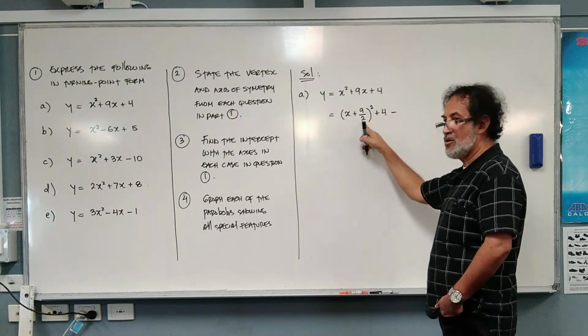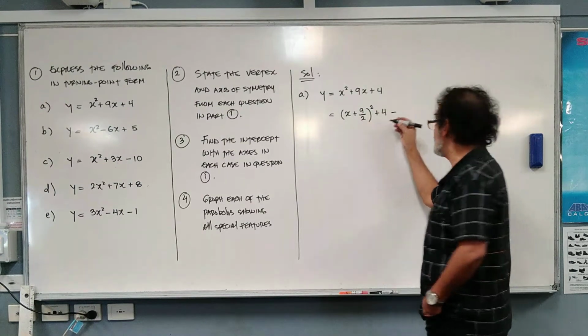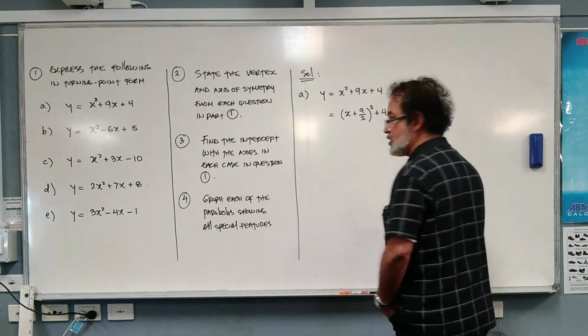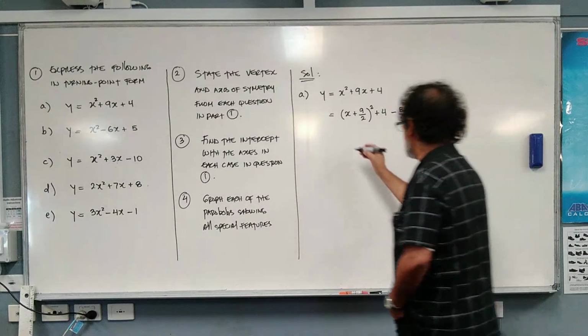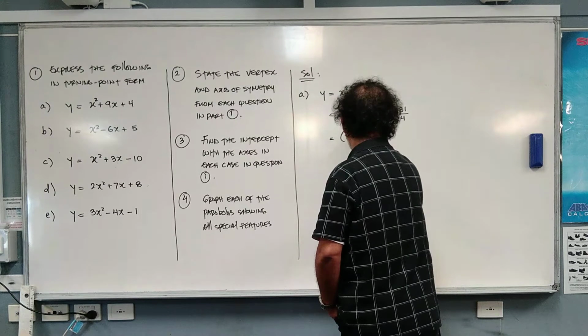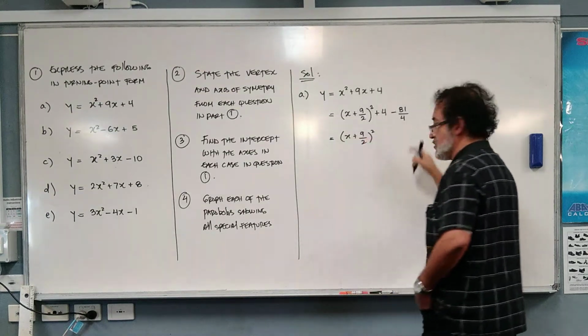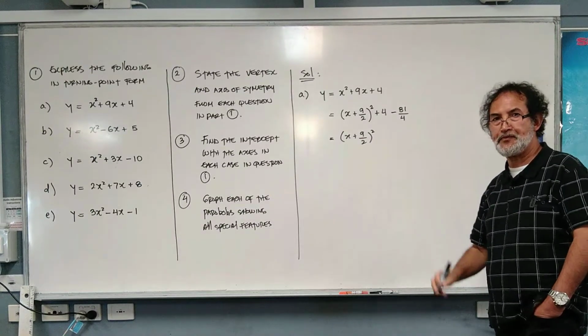Okay, so the square of that fraction is 81 on 4. So it's 81 divided by 4. Okay, and then you're going to put that in your calculator, and then you're going to tell me what the answer for that is.